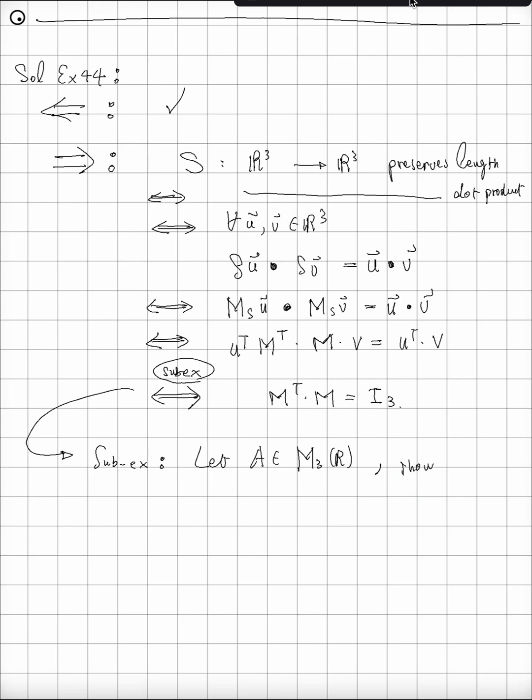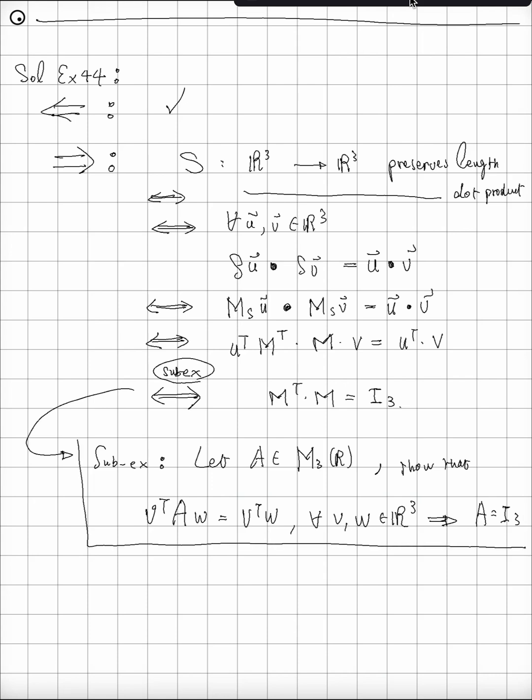Show that if for whatever vectors v and w, v transpose A w equals v transpose w, then this A must be identity.